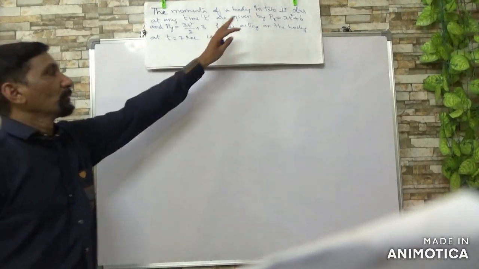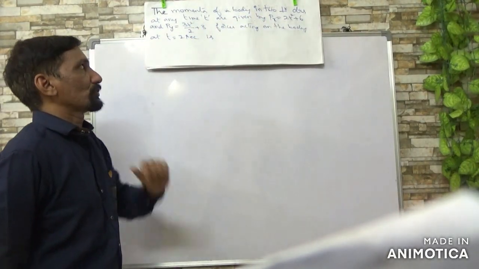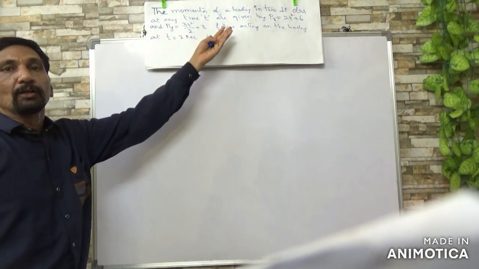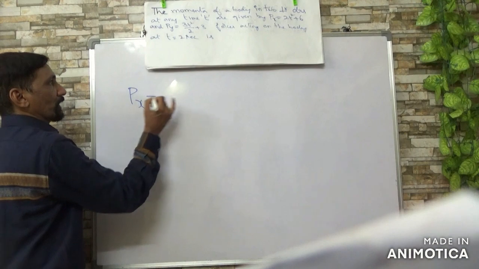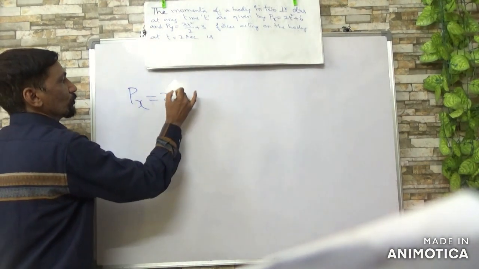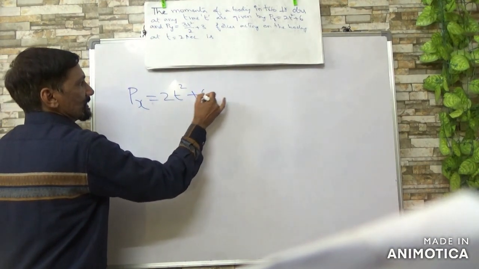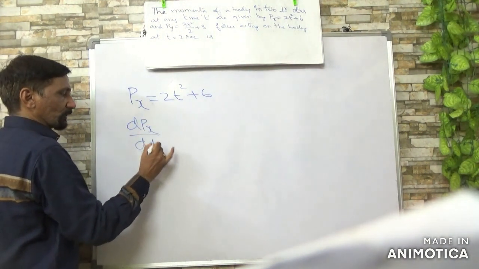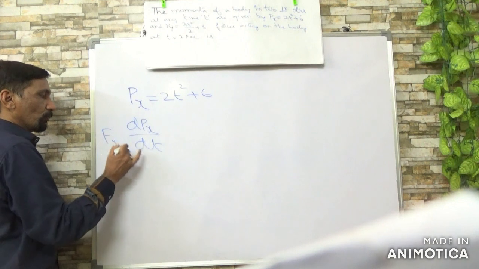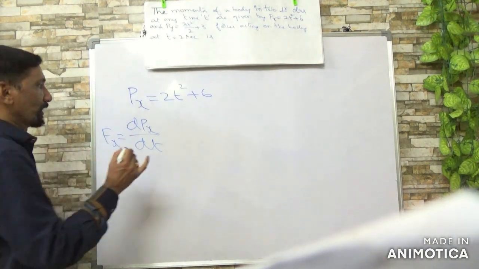Now the momentum of a body in x direction and y direction is given, and you want to find the force. The momentum of the body in x direction is given as 2t square plus 6. Whenever you differentiate with respect to time, you get force in x direction.